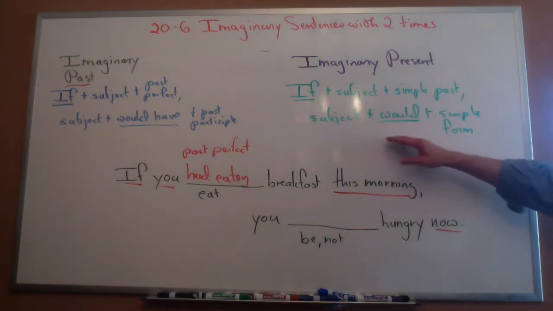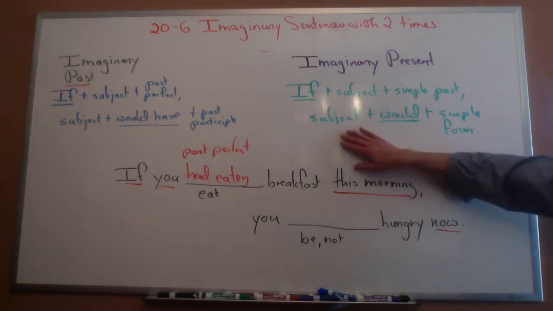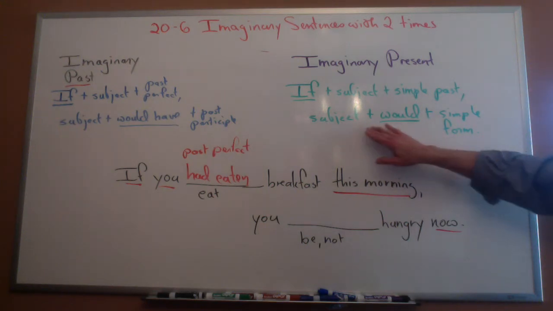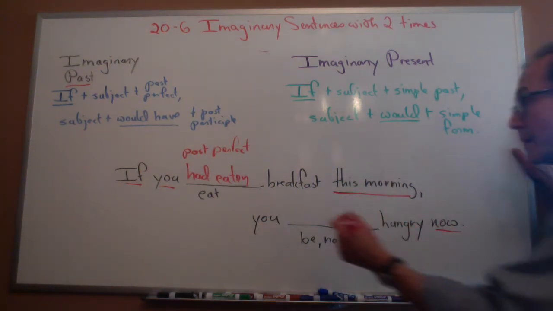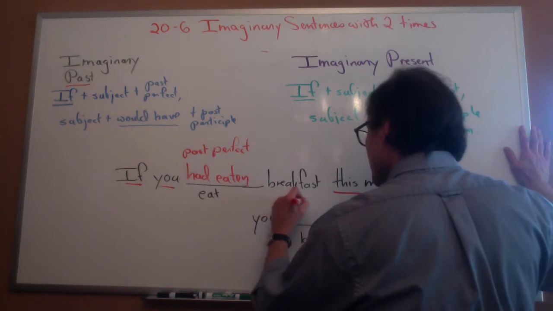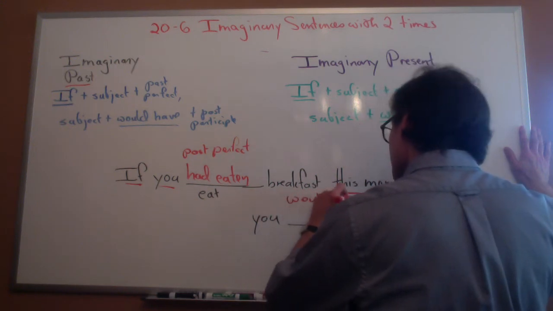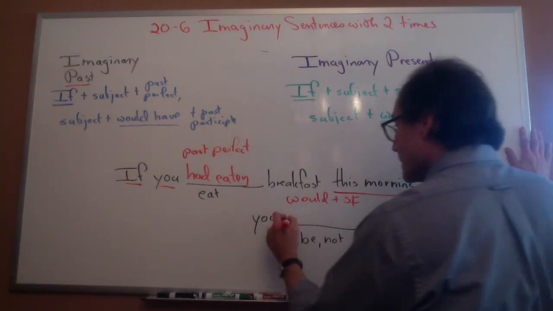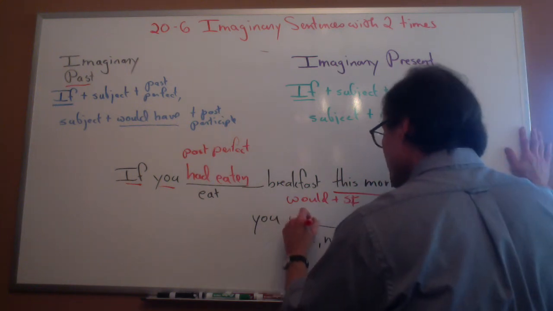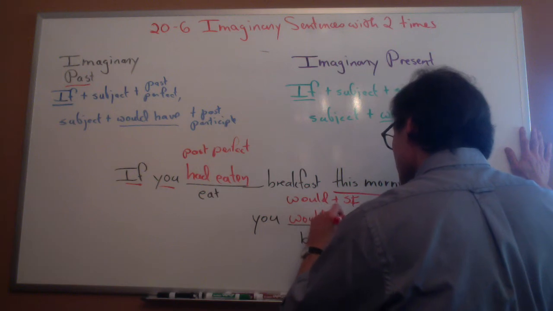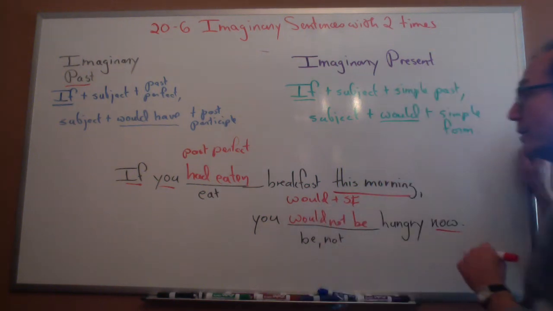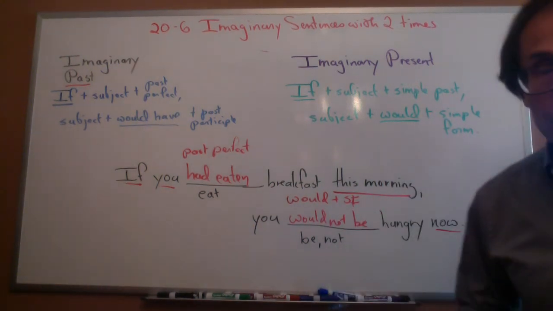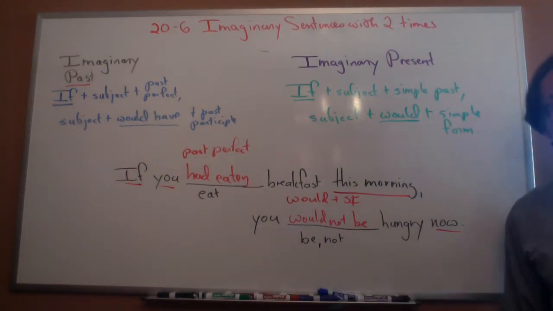So for imaginary present, in the other part of the sentence, I'll use subject and would and simple form. So I'd say, you would not be hungry now. So if you had eaten breakfast this morning, you would not be hungry now, or you wouldn't be hungry now.